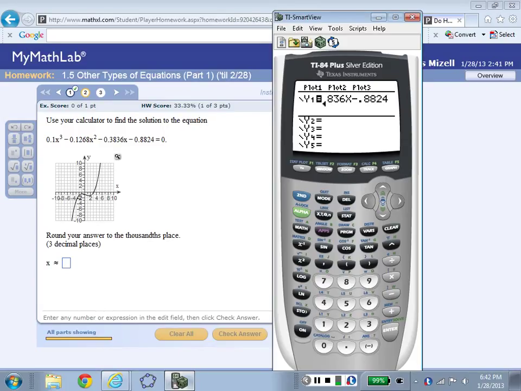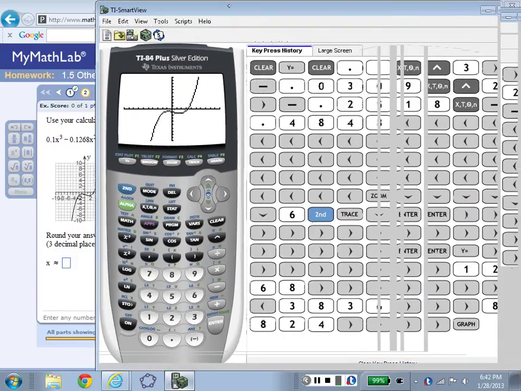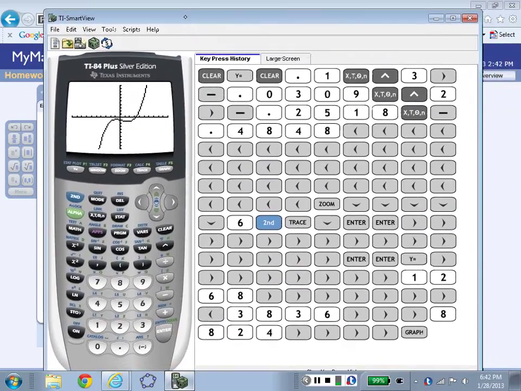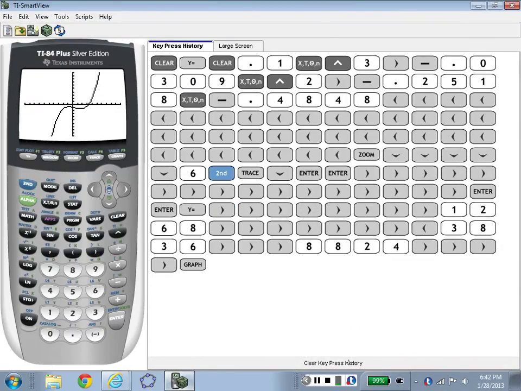All right. Graph it. Now, since I'm recording this, let's see if I can be real deliberate about the keystrokes here. A lot of keystrokes there. Let me clear that out.